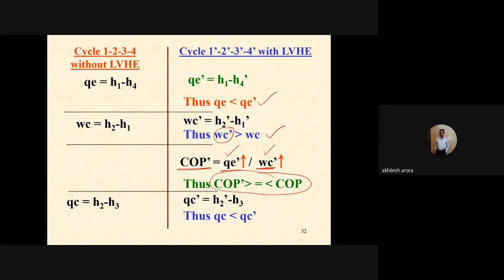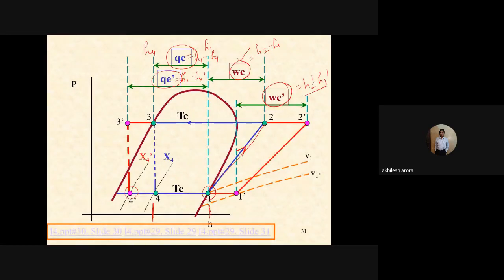Then we can look at the heat rejected in the condenser per kg of the refrigerant flowing in it. In the first case, you can see from the chart here, state point 2 is the entry point in the condenser, and at state point 3 it is leaving the condenser. Whereas in the second case, it is entering the condenser at state point 2 dash, but the point at which it is leaving remains the same, 3.